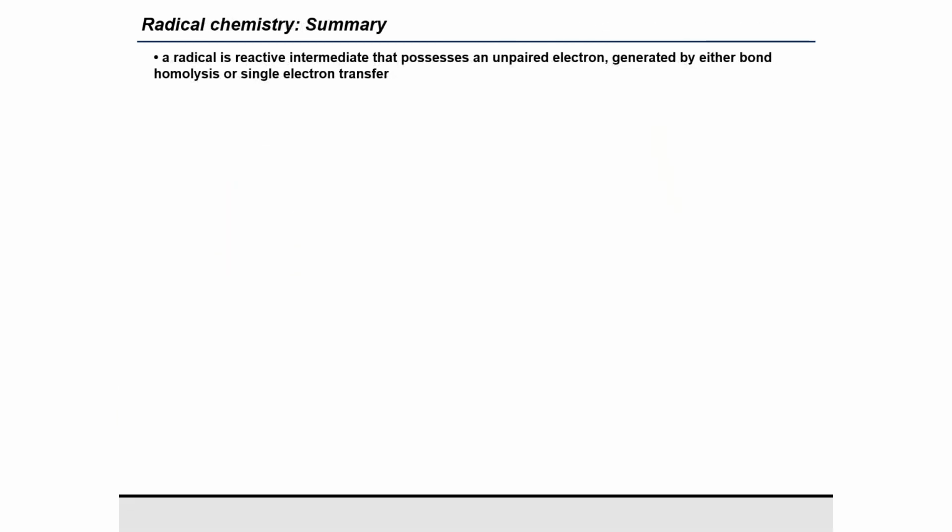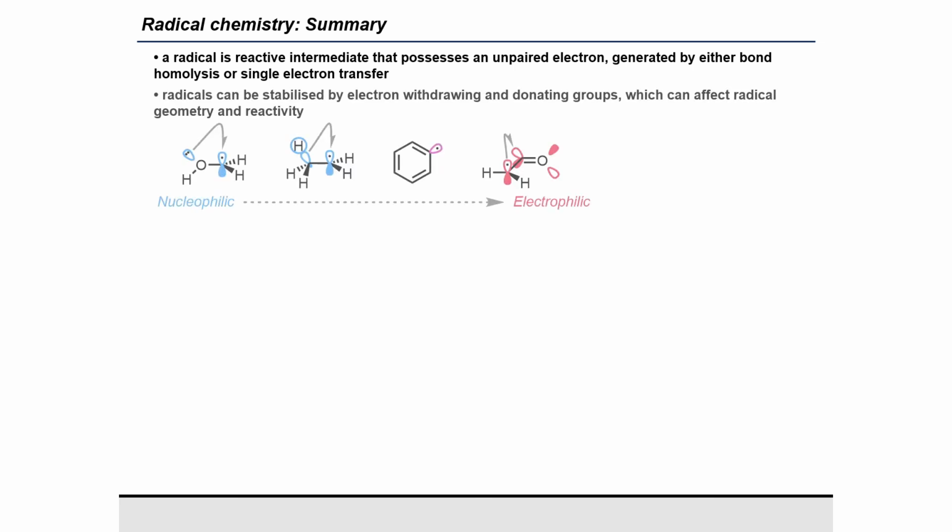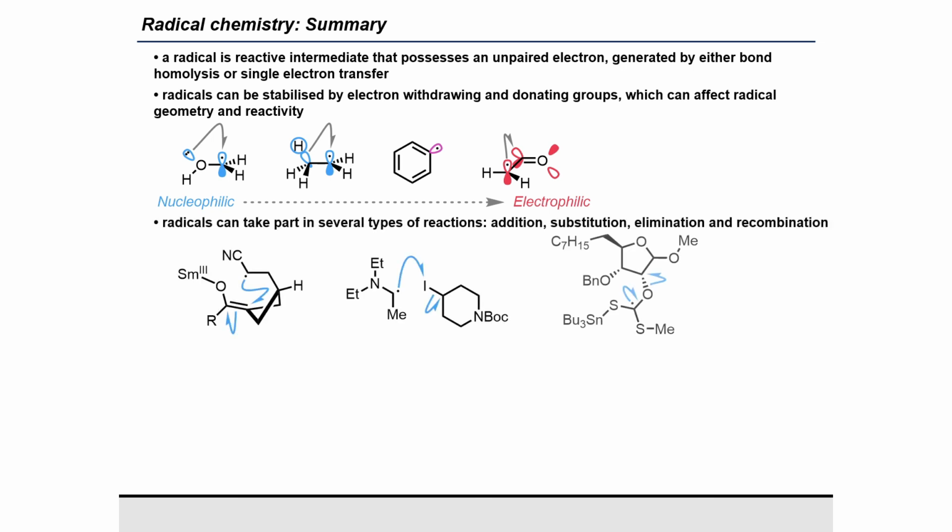So in summary, today we have discussed what a radical is and how they can be generated for use in organic synthesis. We have looked at the ways in which they can be stabilised and how this can affect their geometry, reactivity and selectivity through considerations of orbital interactions, bond dissociation energies and philicity. There are 4 main types of reactions a radical can engage in: addition, substitution, recombination and elimination, and we have looked at examples of all of these.